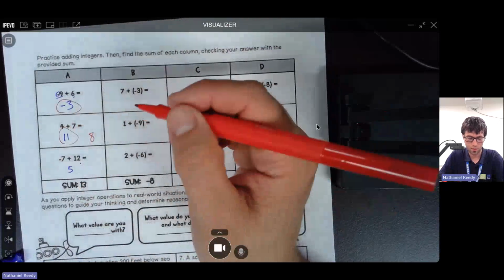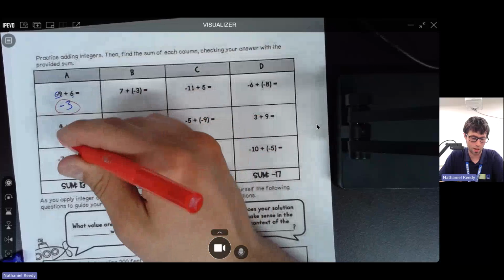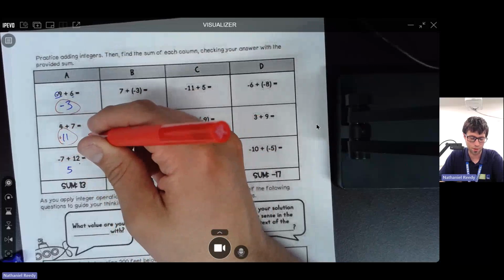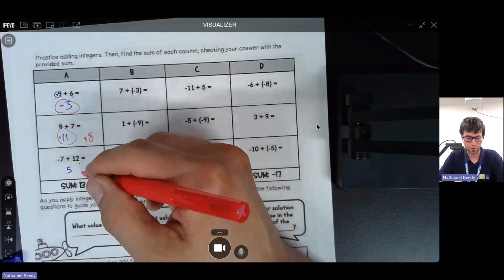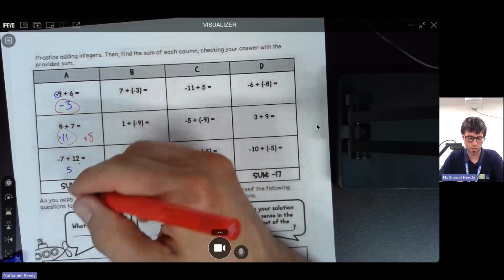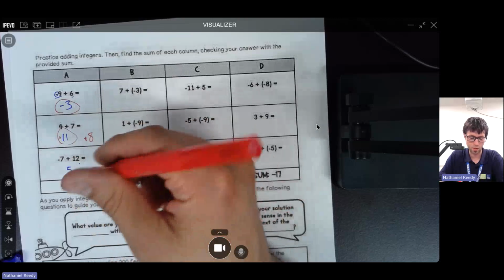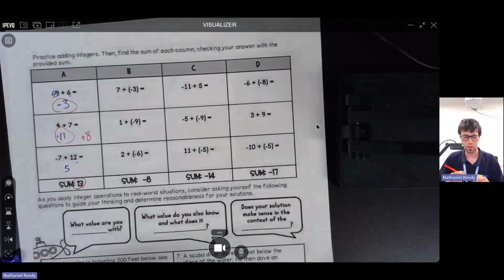And since 11 is the bigger number, we keep the sign of 11. So that is +8. Now we're going to add 8 + 5. They both have the same sign, so we just add them together. 8 + 5 is 13. And would you look at that? That's the sum. So we did that correctly.